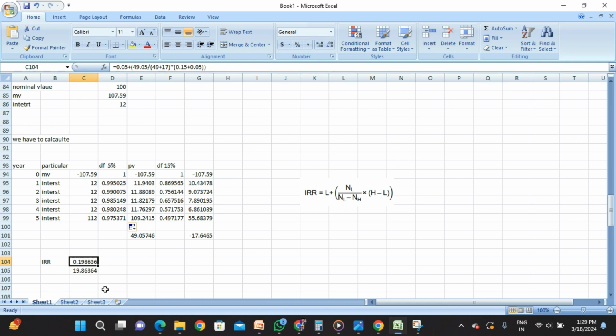We get 0.19, we convert by multiplying by 100 and receive 19.86. It's up to you which discount factor you take, 5% or 15%.